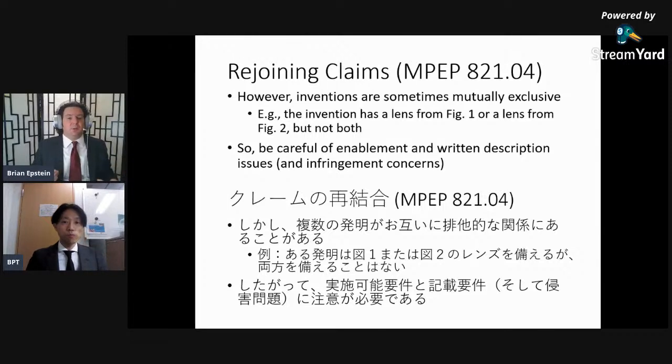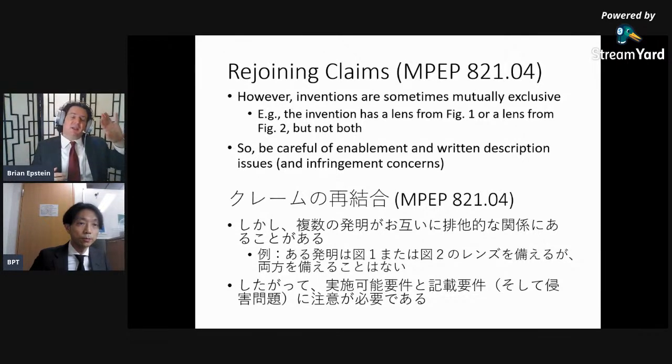In addition, we might have infringement concerns. A competitor might make a device that has only one of the lenses, right? And we thought we were trying to avoid filing a separate application to cover the subject matter of figure two.